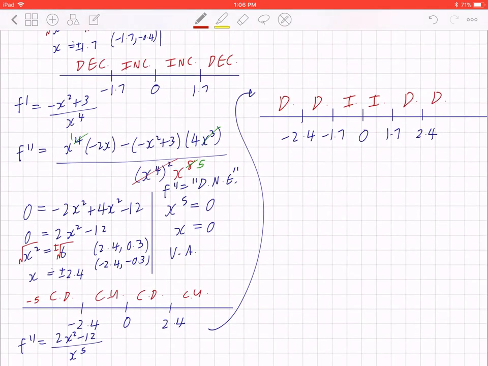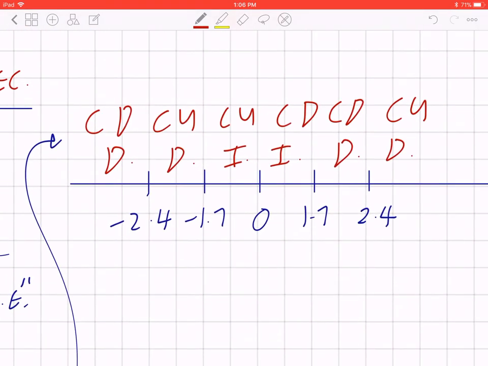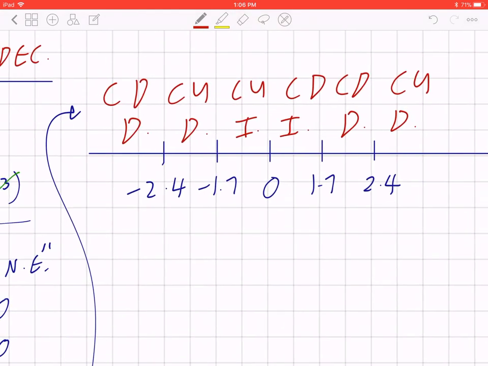If I look at the concavity, that's going to be concave down, concave up, concave up. Then it's concave down, concave down, concave up. Again, press pause, draw each part of the function, and then we'll reconnect them. When you press play again, I'll be right here.